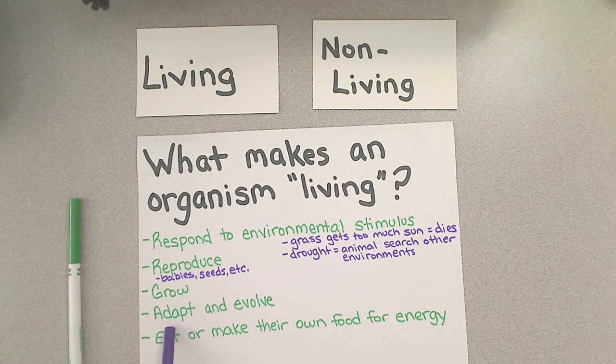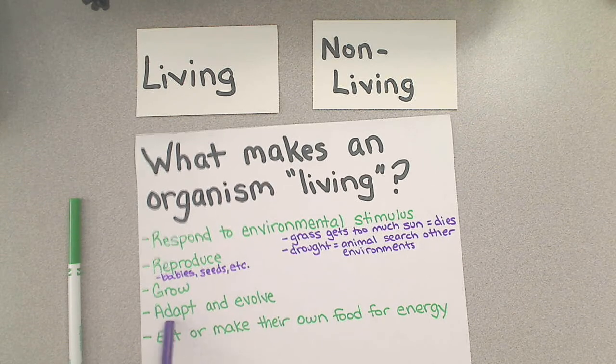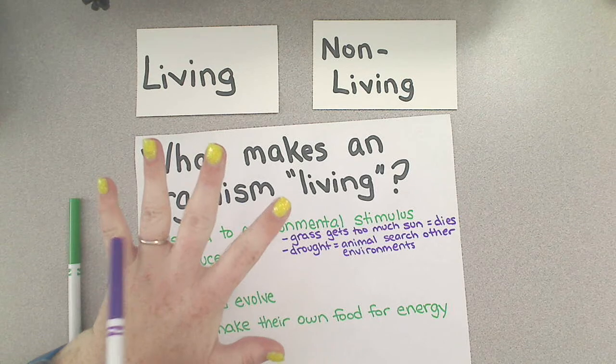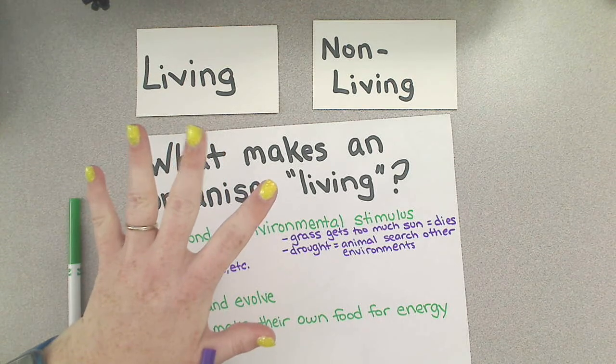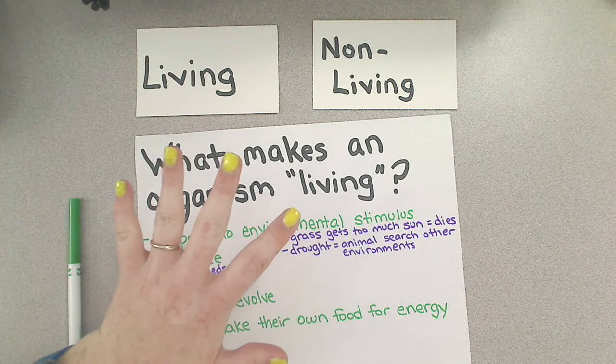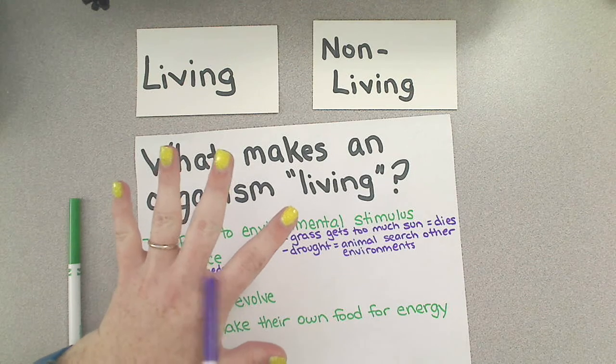All right. The next is that living things will adapt and evolve. So let's take, for instance, an animal that lives primarily on land, but their environment goes through a very long time, hundreds of years, where there's a lot more water. Say that at the beginning they have tiny little bits of webbing between their toes, okay? But those whose webbing is more pronounced, is bigger, are going to survive better than those who have less.